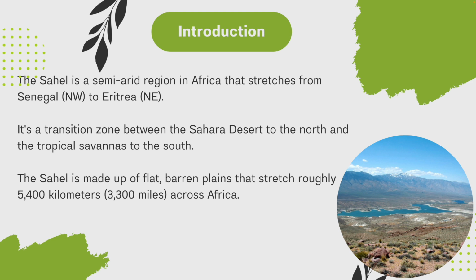So the Sahel stretches from the Atlantic Ocean eastward through northern Senegal, southern Mauritania, the Great Bend of the Niger River in Mali, Burkina Faso, southern Niger, northeastern Nigeria, south central Chad, and into Sudan.